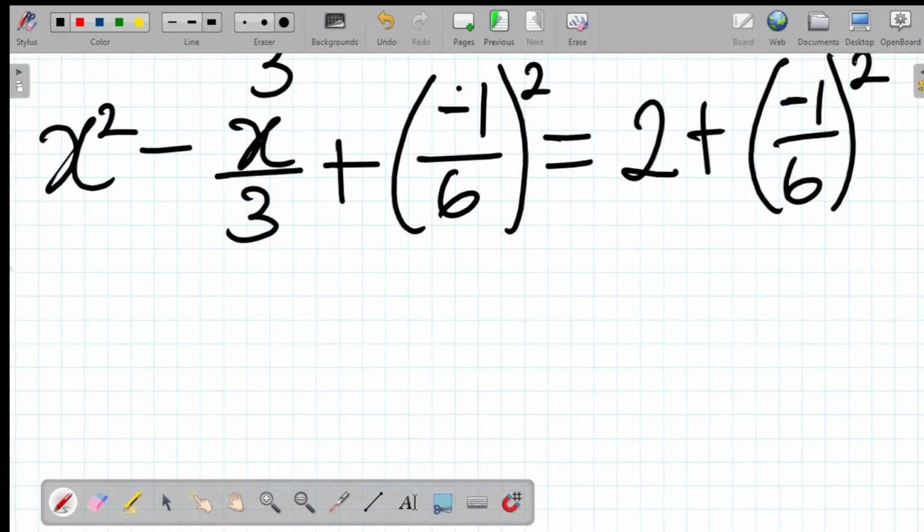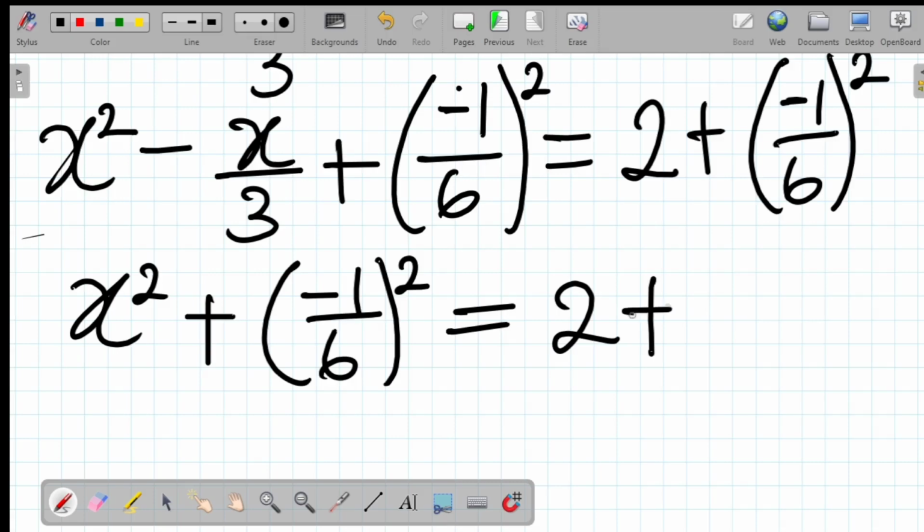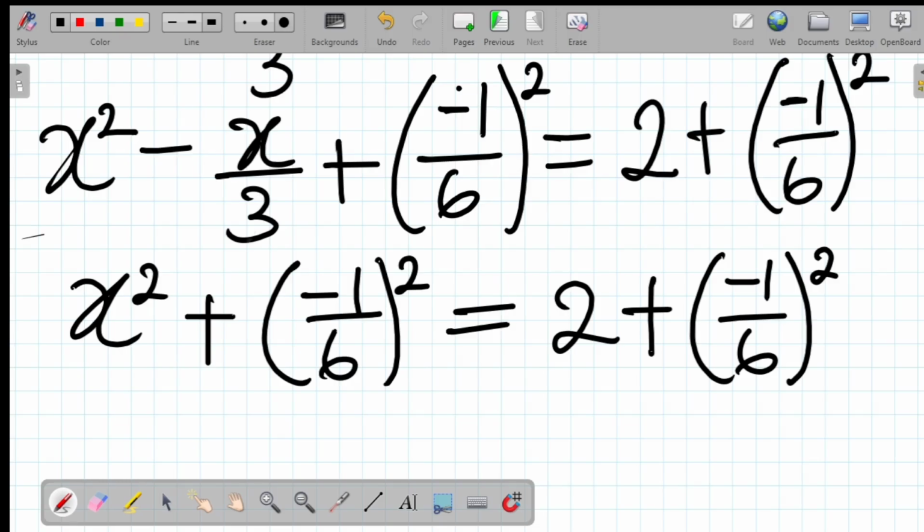Our next task is to collect the terms having the square in the left hand side. So here we have x squared plus negative 1 all over 6 all squared equal to 2 plus negative 1 all over 6 all squared. You notice that we've discarded x all over 3.